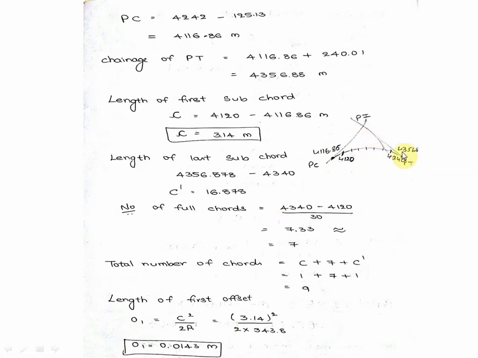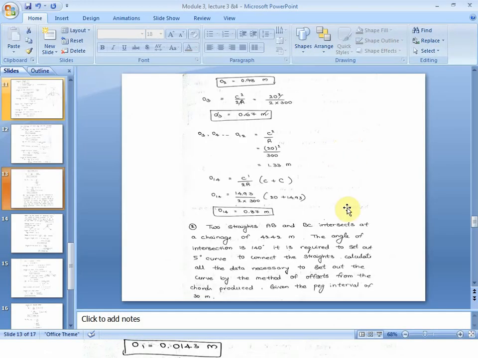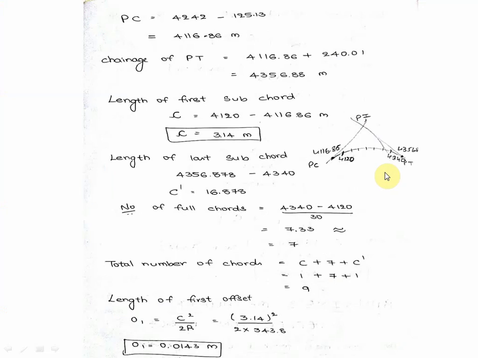It will be 4356.88 minus 4116.86. So what you will get? The total length will be 240.02. Okay, 240.02 is your total length of that curve.